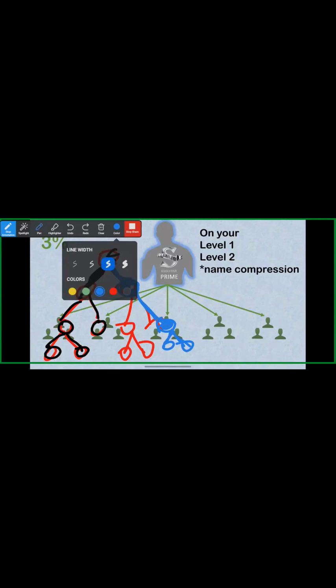Now, the third leg which the system looks at is when Eric came and placed another person down here. So that becomes Eric's third leg.